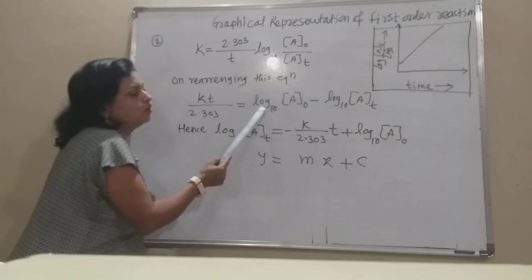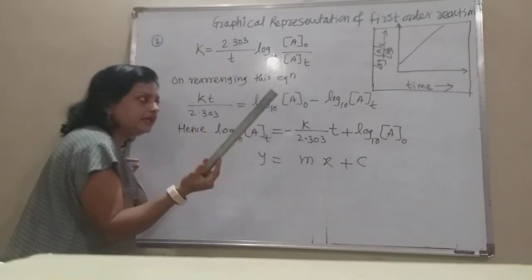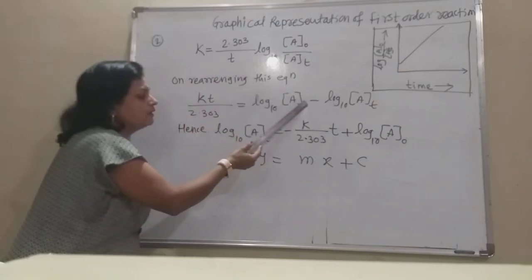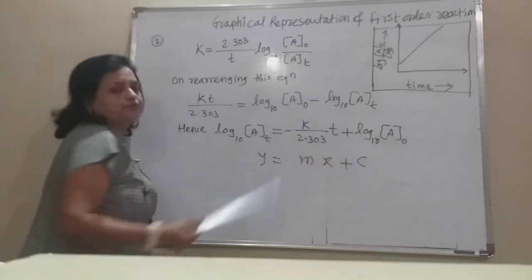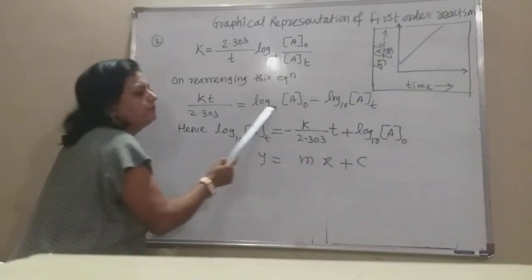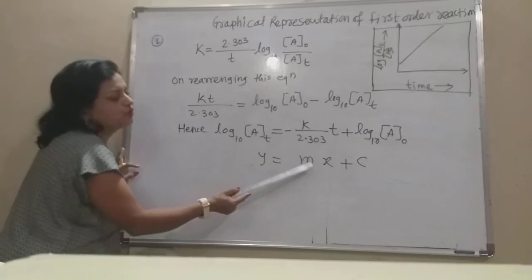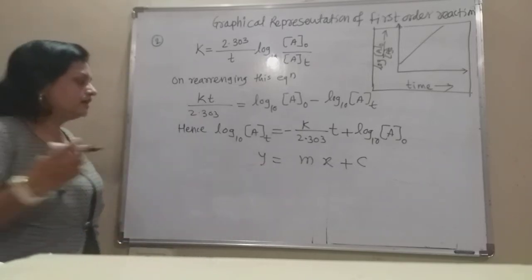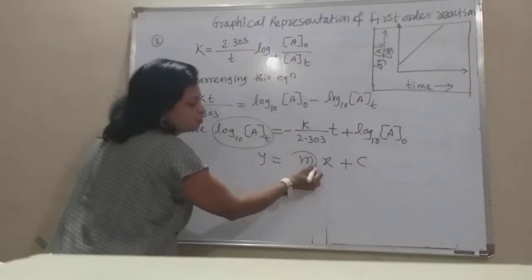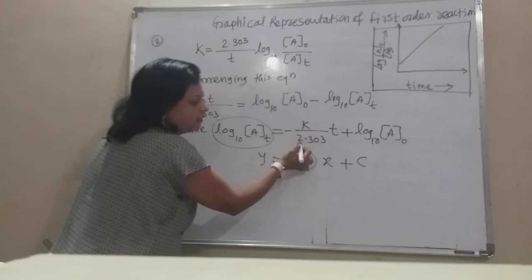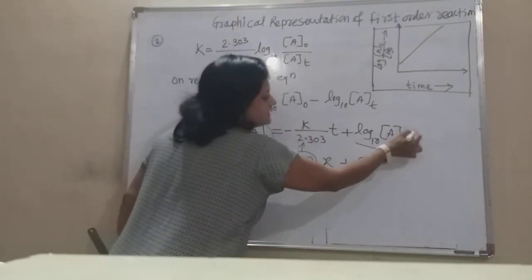Now this log of A0, the negative sign comes here, so this becomes log of A0. Now if we compare this equation with the straight line equation, y is equal to mx plus c, here this is the quantity y and its slope is minus K upon 2.303. This is the slope and this is the intercept.